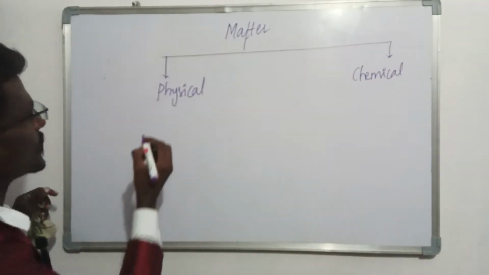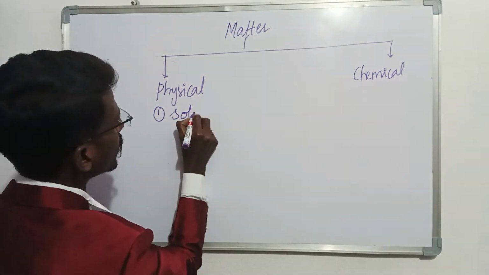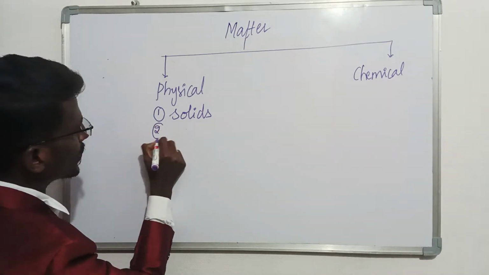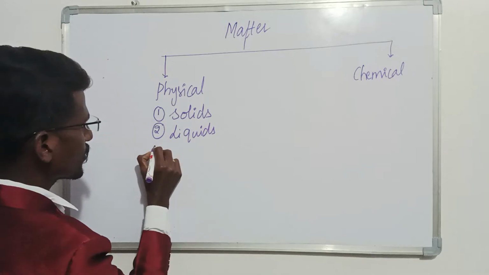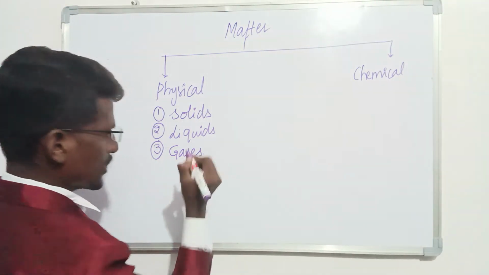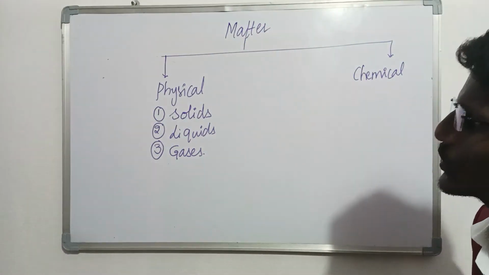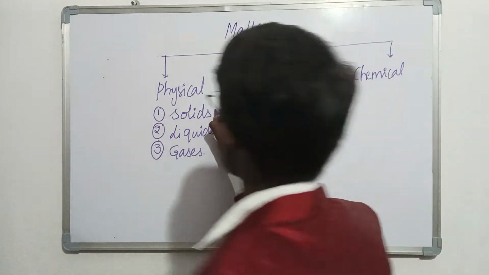Based on the physical properties, matter is classified into solids, liquids and gases. For example, sand is a solid, and a chalk piece, or any powder, are examples of solids.